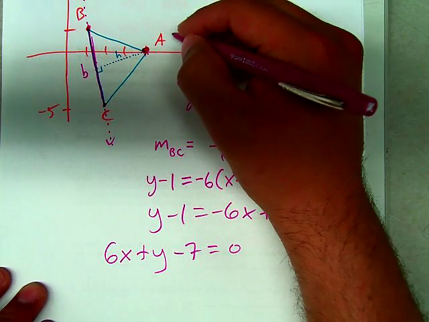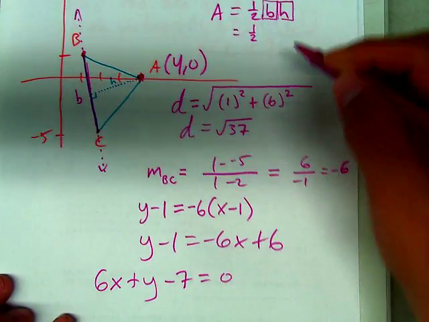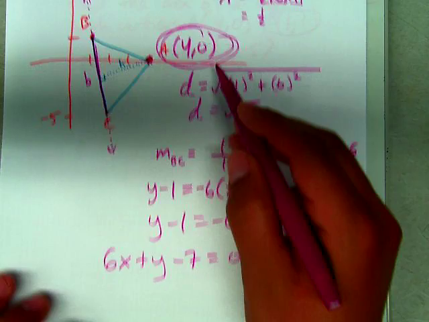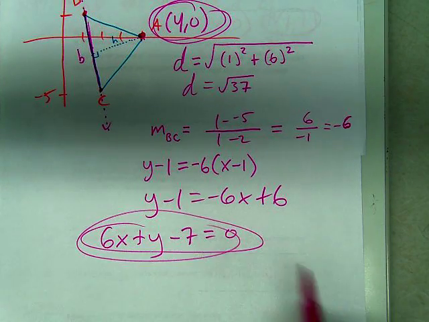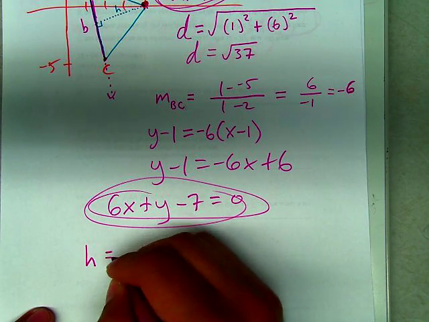So we're going from point A, which was 4, 0, right? So 4, 0 is our point, and here is our line equation. Rather than D, I will use H, since that's what we're really finding, right?